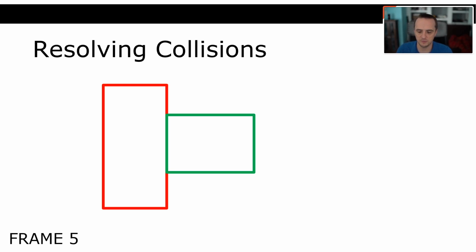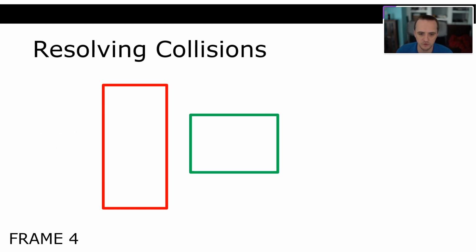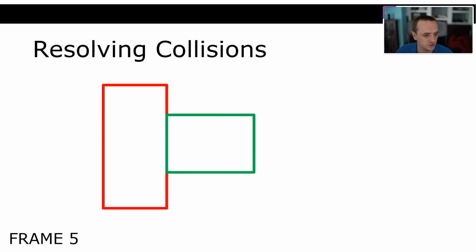What we'll be left with is exactly what we want, which is the two things touching, but not actually being inside each other, right? So here's what actually happens. We keep moving, we detect an overlap, and then we push it back out.